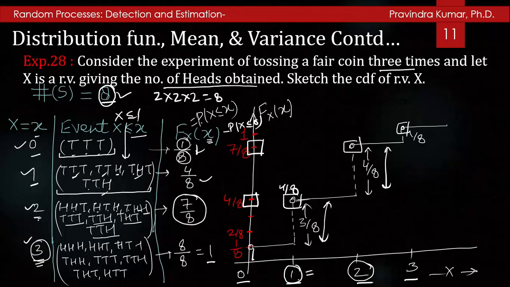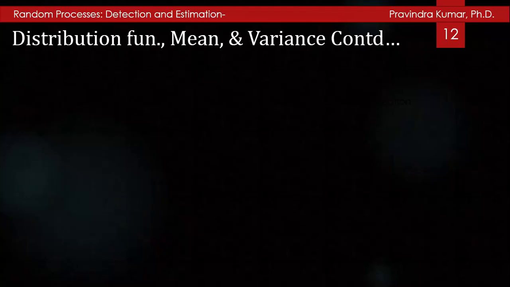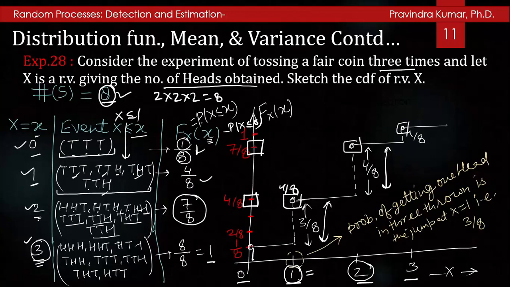So here we can see that if x is a random variable with CDF F_X(x), F_X(x) changes value only at jumps, as you have seen in the previous case. It only changes value at these jumps 1, 2, 3, so now we can say that F_X(x) is a staircase function.